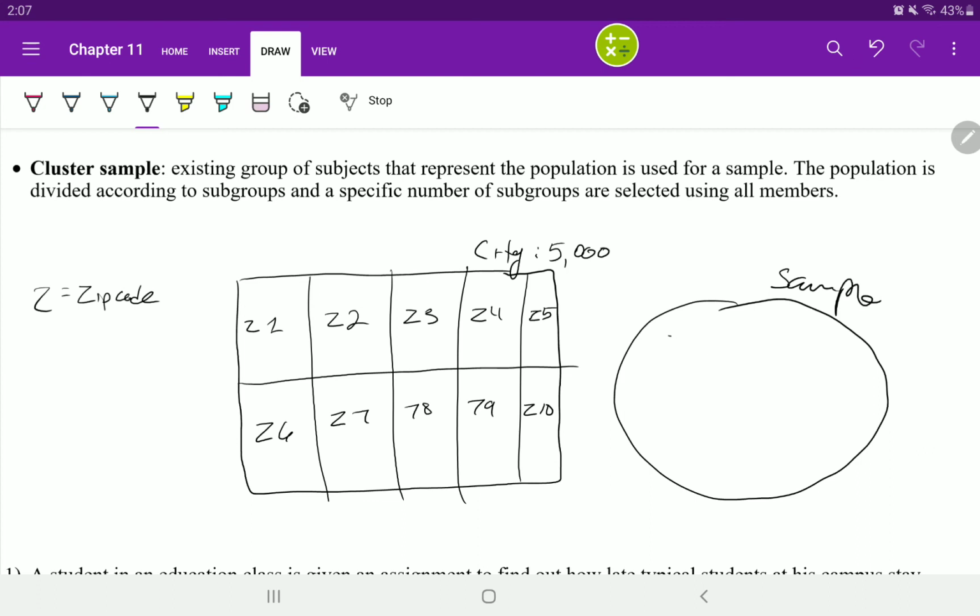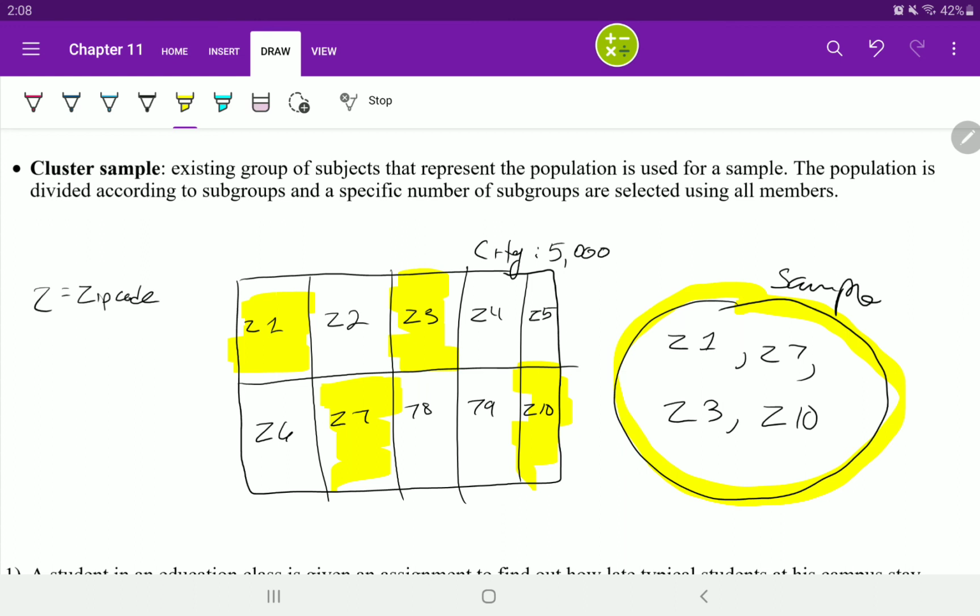So I'm picking Z1, Z7, Z3, and Z10. When I pick my zip codes, I'm using all the members in those zip codes. Whoever lives in zip code 1, all the members are chosen. Those in zip code 3, chosen. 7, chosen. 10, chosen. All those members who live in those zip codes are part of my sample. And that's cluster sampling.